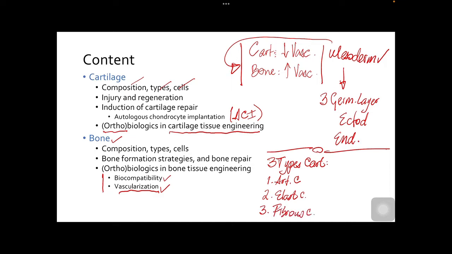In this book, we're going to focus mainly on articular cartilage, which you can see in the joints, for example the knee joint, the hip joint, in the ribs, nose, trachea, larynx. The elastic cartilage you can find in the ear, and the fibrous cartilage you most probably find in the intervertebral disc in the spine. So we're going to focus mainly on articular cartilage in this chapter.